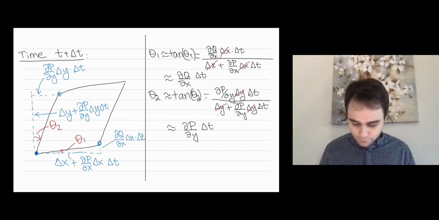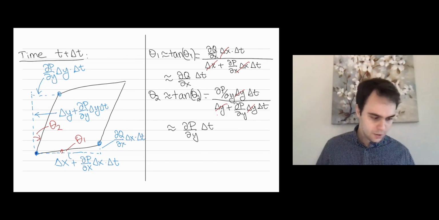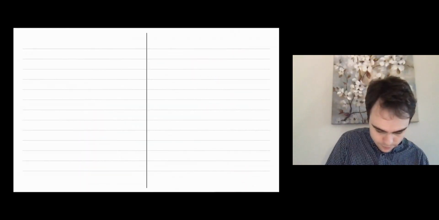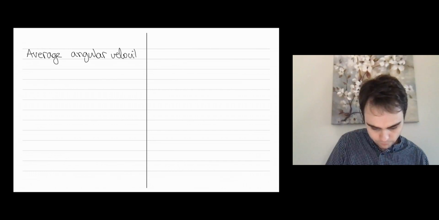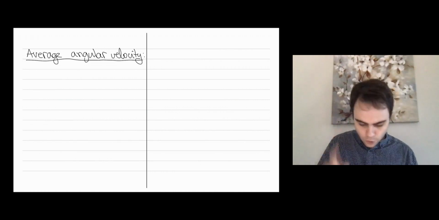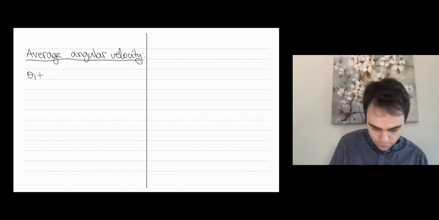So the average angular velocity, excuse me, is going to be, okay, so first I'm going to write the wrong thing. Here's what you would think is the average angular velocity.